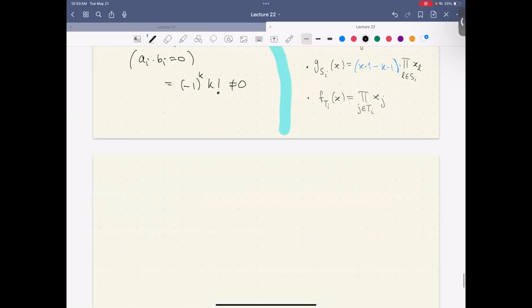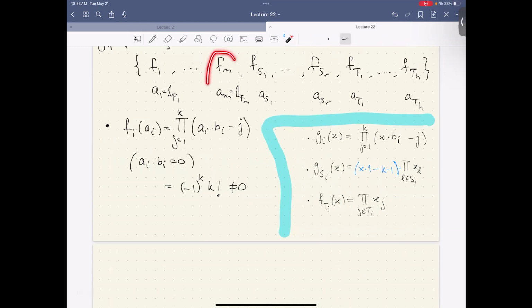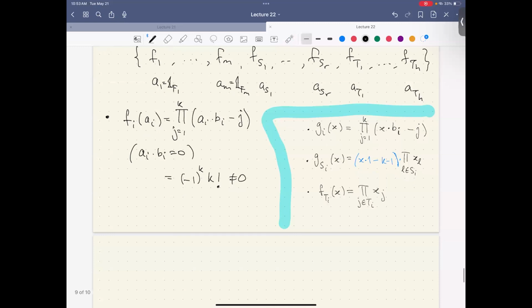Now we need to verify that feeding the previous points, it's 0. So we can actually prove an even stronger thing. For every two indices not equal, the cross term is 0. So we have Fi(Aj) equals, write it again, Aj times Bi minus... Oh, here I also use j, that's not good.